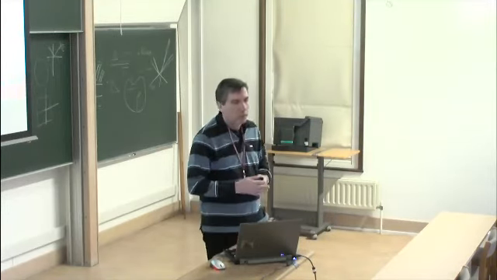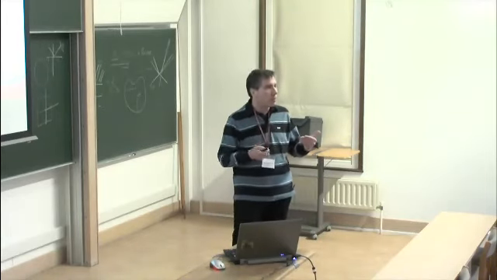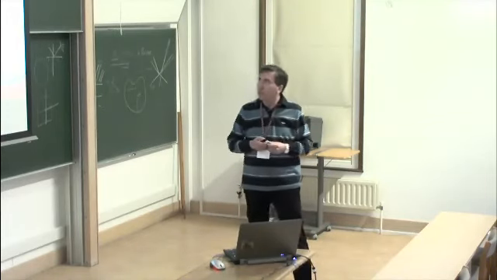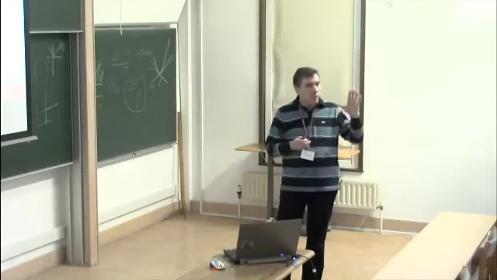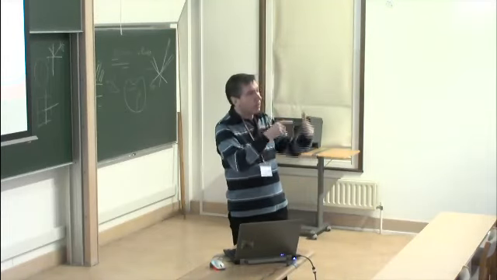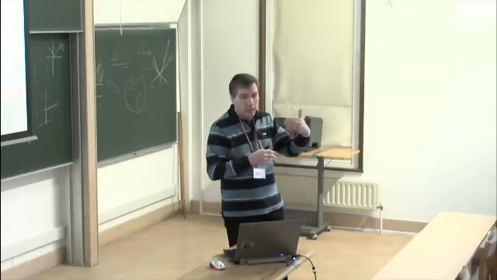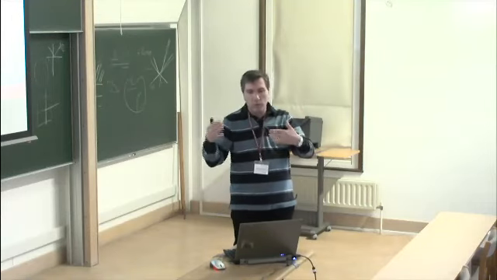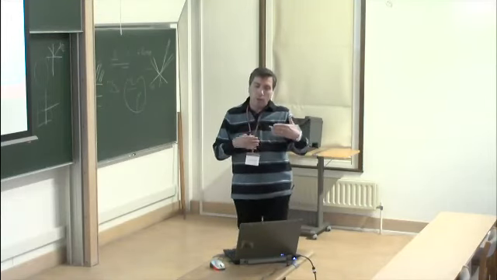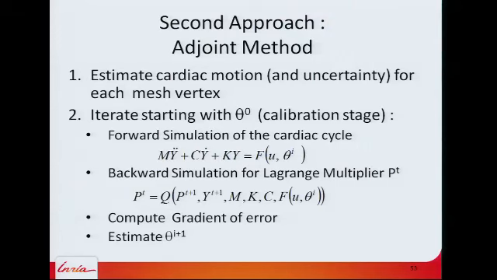Another way is to use a variational approach, or in this case, the adjoint method. In this case, you are minimizing the functional that I've already mentioned under the constraint that you have a relationship between the state of your model, which is given by this basic law of dynamics.